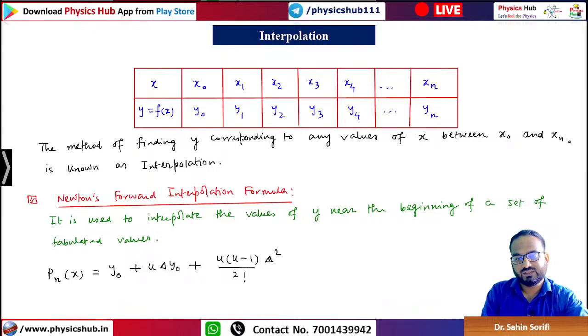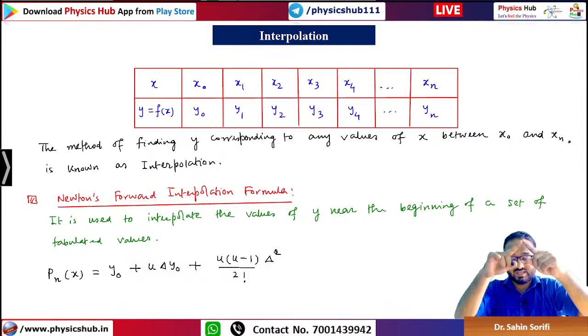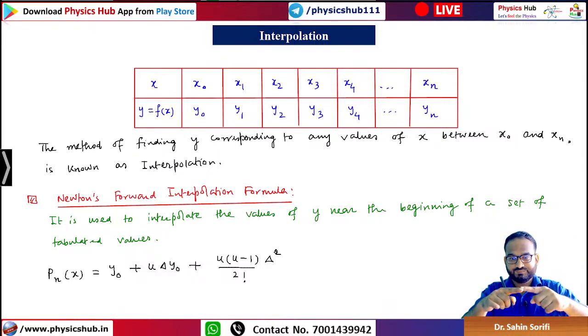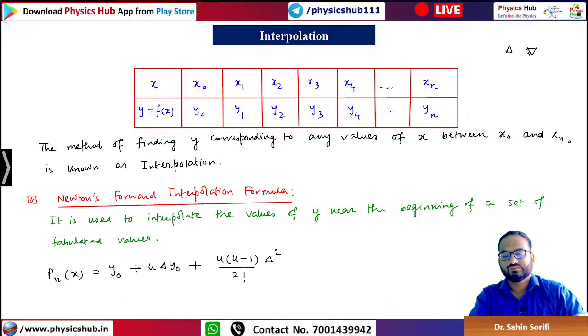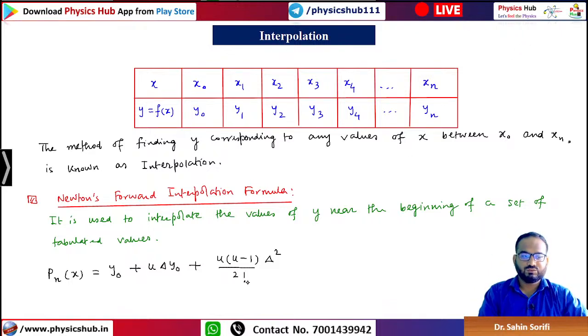You see, here we are showing the triangle in this way. Okay, this is the normal triangle, not inverted. Two types of triangles we can draw. So for forward interpolation, this kind of triangle will be used, and another kind of triangle may be used later. For the time being, we are dealing with the first one.